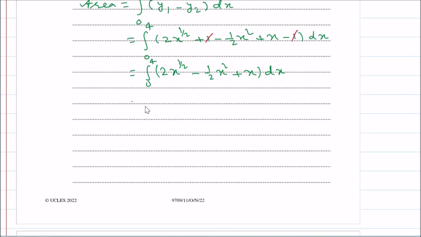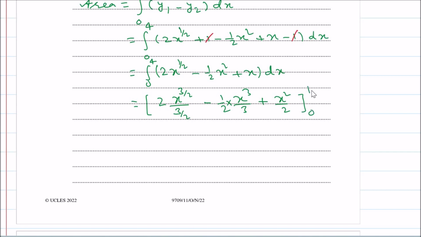So let's integrate. So first one, 2x to the power half, 2, then x to the power 3 by 2, here also comes 3 by 2, minus, now the second term, half as it is, here x to the power 3 by 3, plus x becomes x square by 2 when you integrate.